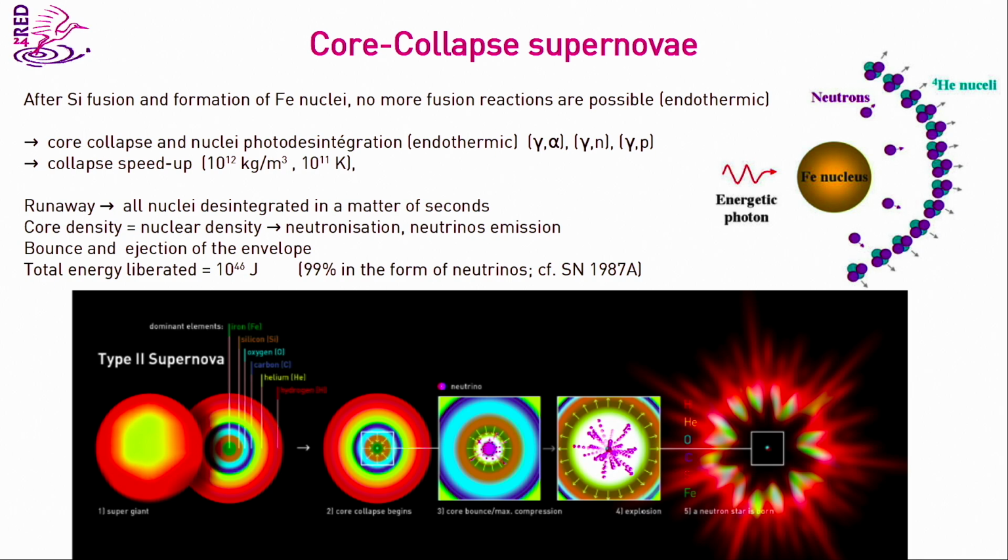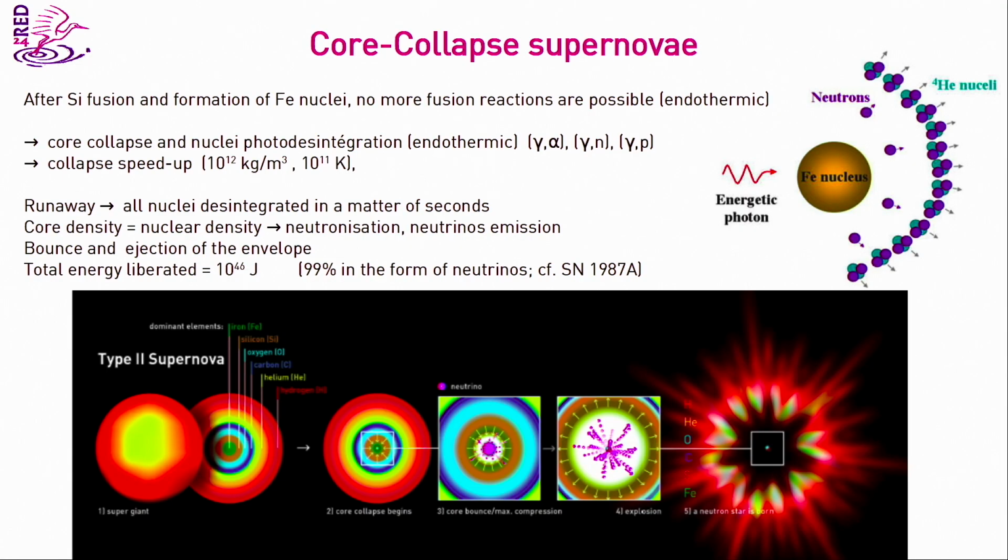You emit lots of neutrinos, and you have a collapse of the core. So you lose lots of energy. Gravity is winning because instead of putting back energy, you consume energy. So you help gravity.